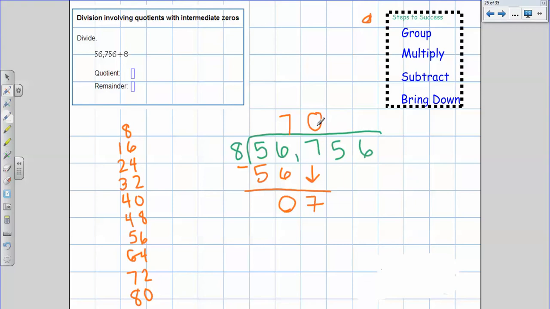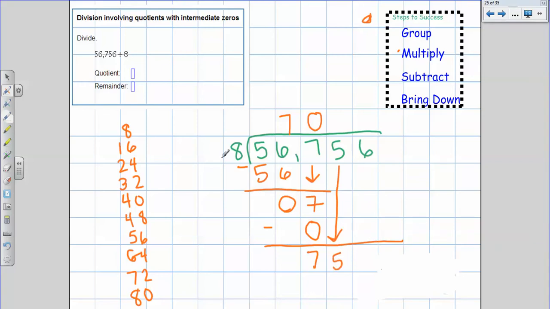Notice how I'm lining up my 0 with the number that it should go above. 8 times 0 is 0. So I'm going to subtract 0. 7 minus 0 is 7. I'm going to bring down my 5.